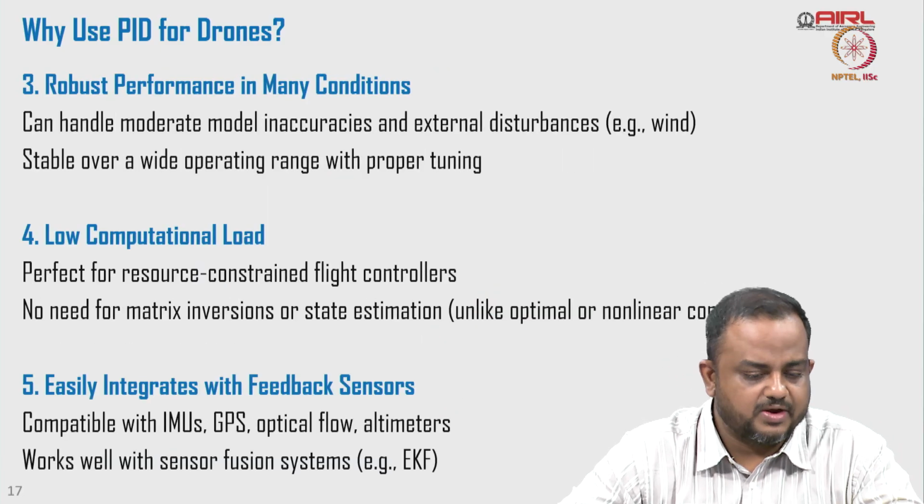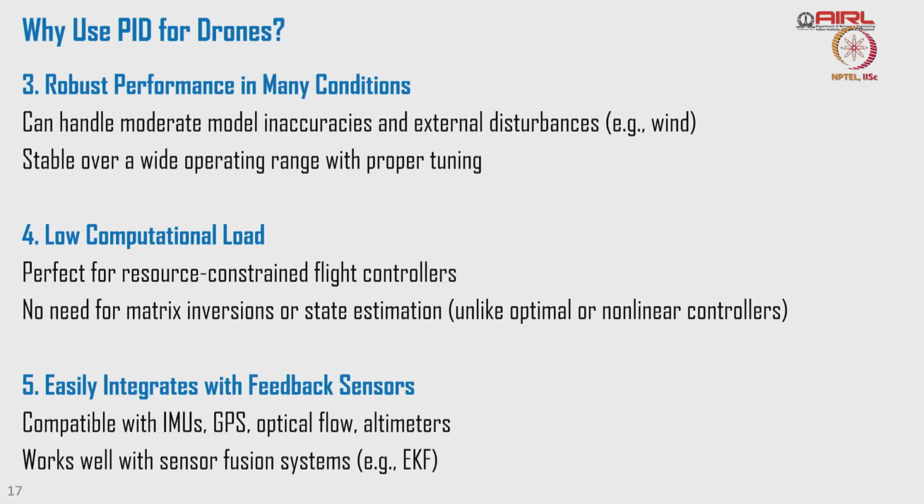Okay. Why use PID for drones? We have some other points like robust performance in many conditions, it can handle moderate model inaccuracies and external disturbances, and gives stable flight over a wide operating range with proper tuning. Okay.